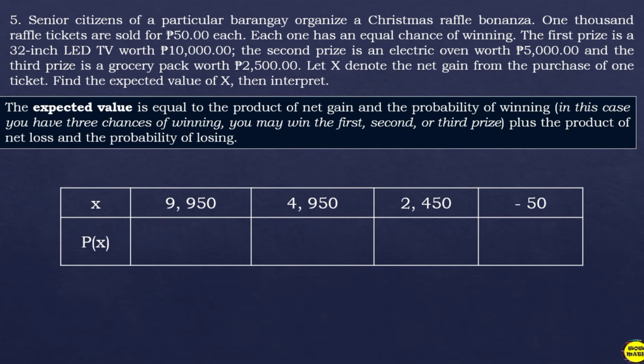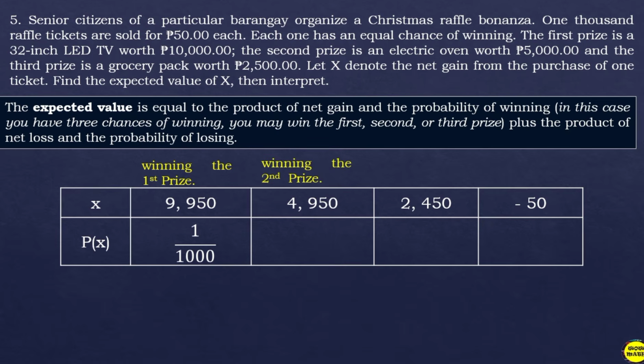Okay, so how is that? This is winning the first prize. So, winning the first prize, that is 10,000. Since you buy one ticket, it becomes 9,950, right? So, that is deducted. Therefore, the corresponding probability is 1 over 1,000, because there are 1,000 tickets. So, the probability that you win is only 1 out of 1,000, since you have only one ticket.